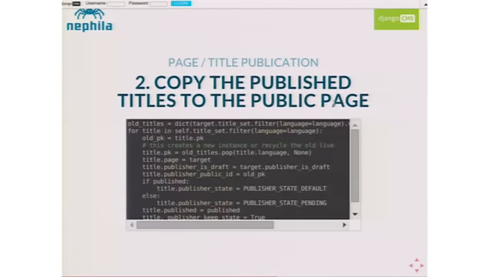And then you copy in almost the same way. You copy the titles attached to the page, eventually filtering on the language. For efficiency, we just recycle the old titles if they are available. So in this way, we assign to the old title the new primary key, and we assign the page.